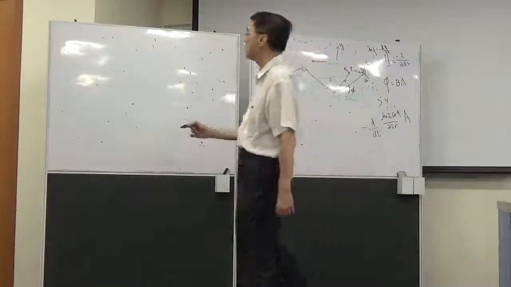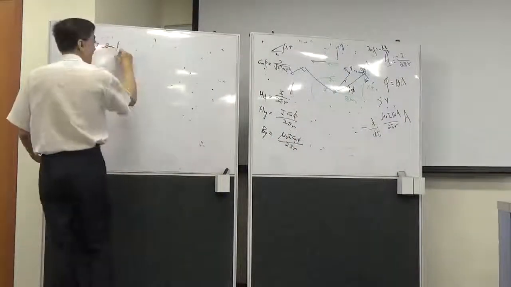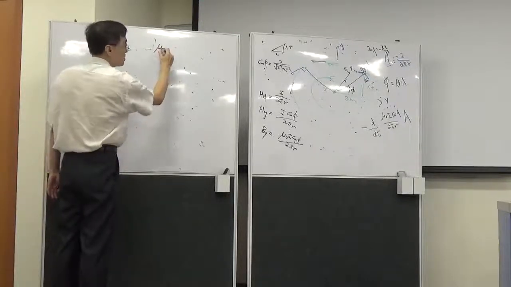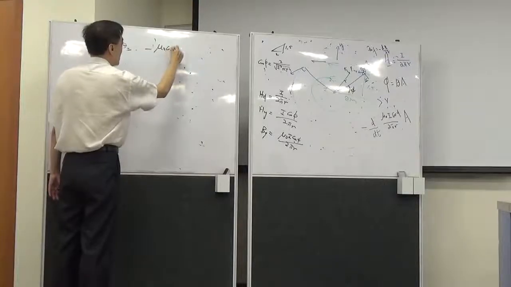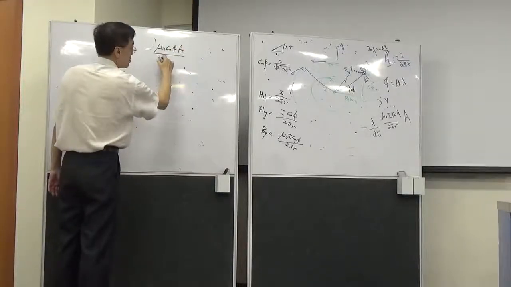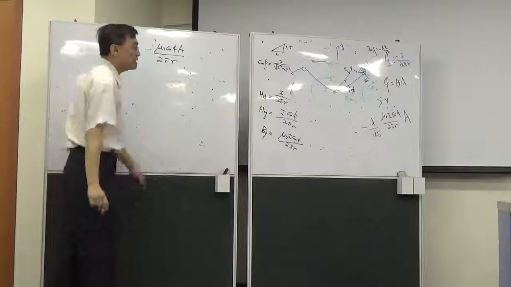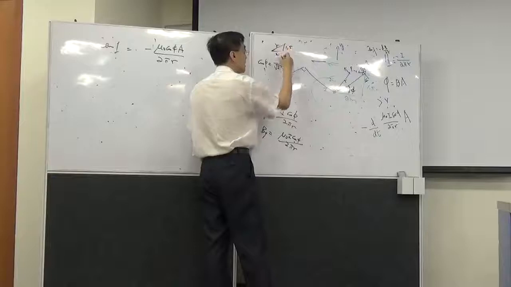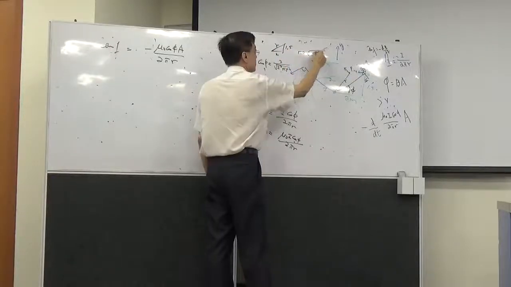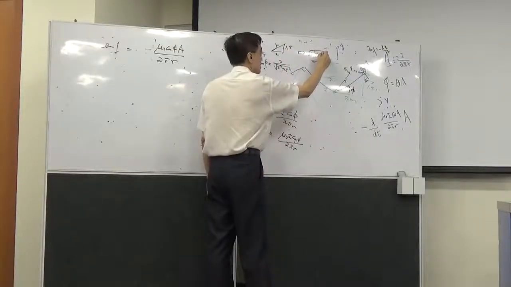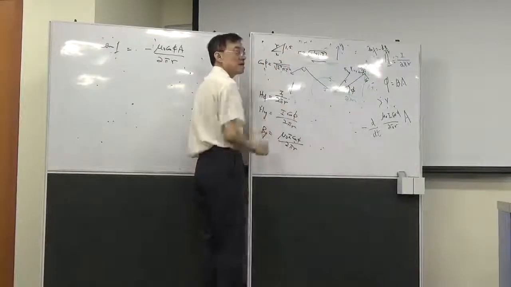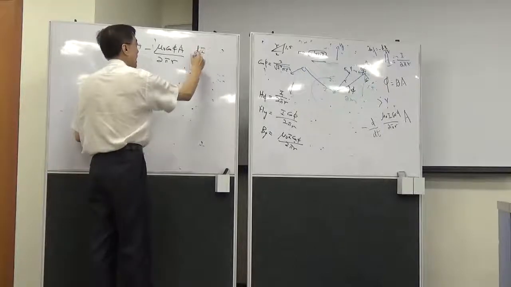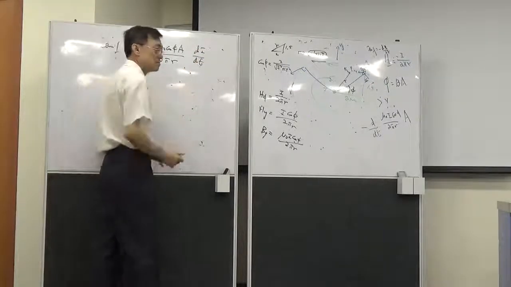So finally, EMF is equal to minus mu naught cosine phi A over 2 pi r times dI dt. What is r? R is this distance, alright? R is equal to square root of 2 squared plus 1.5 squared, right? This is R.